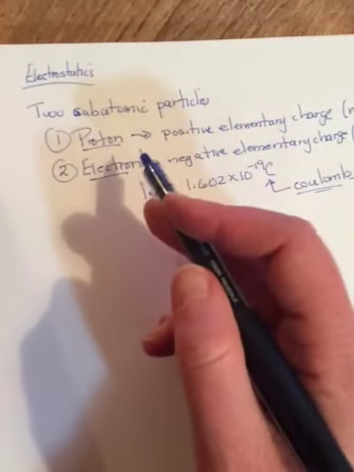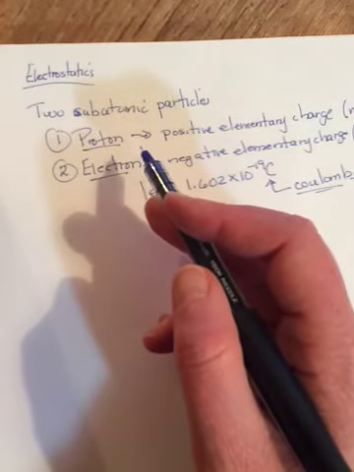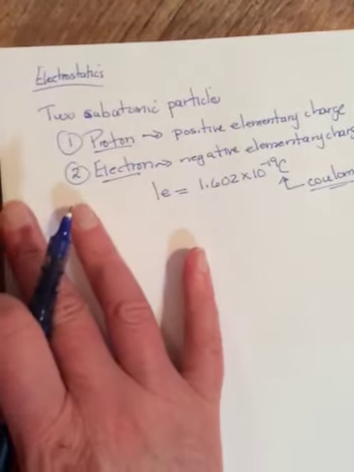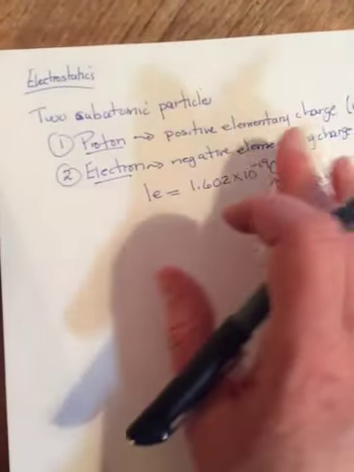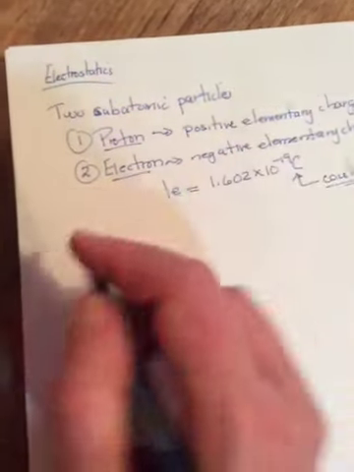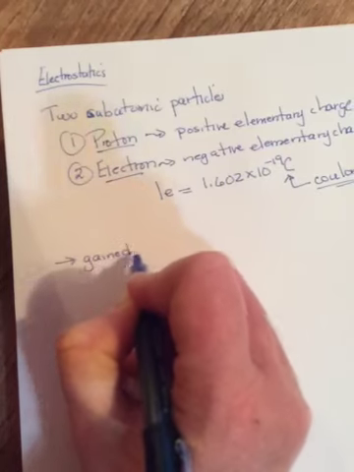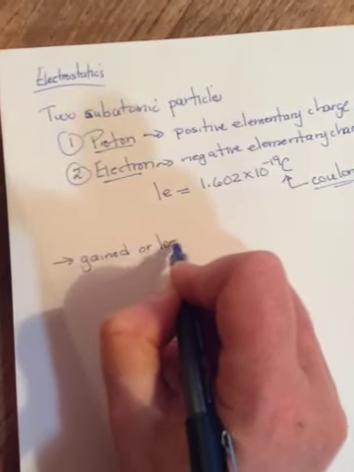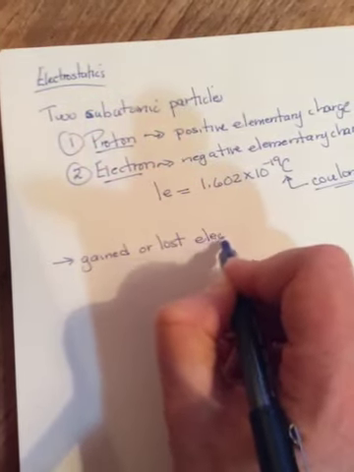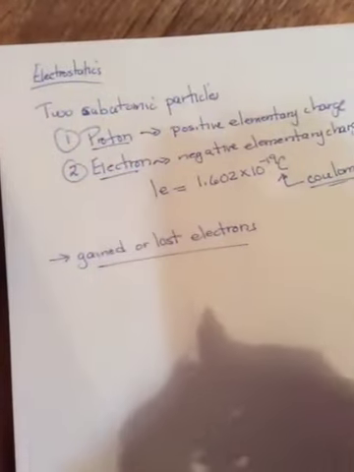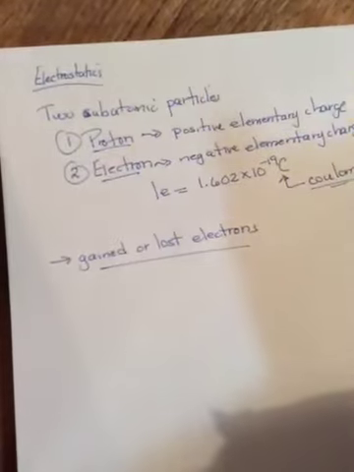Is an object positive because it's gained protons? I'm hoping you say no. Whenever an object has a positive or negative charge, it's either gained or lost electrons. So when we're talking about charged objects, they've either gained or lost electrons.